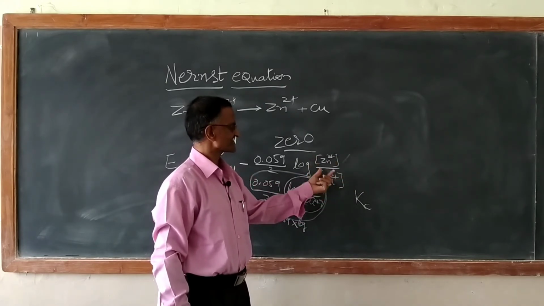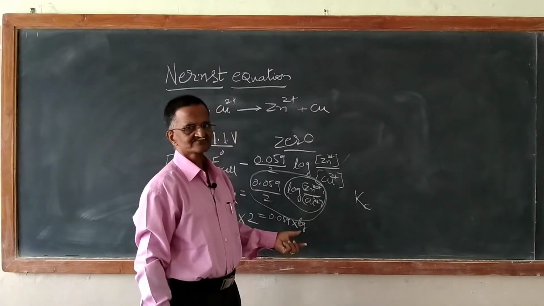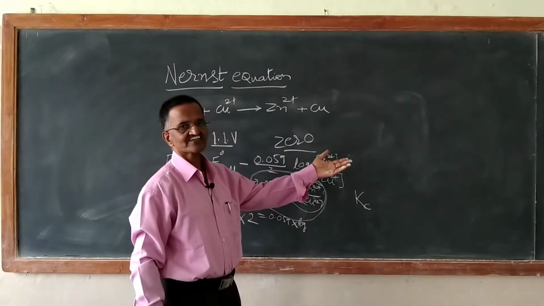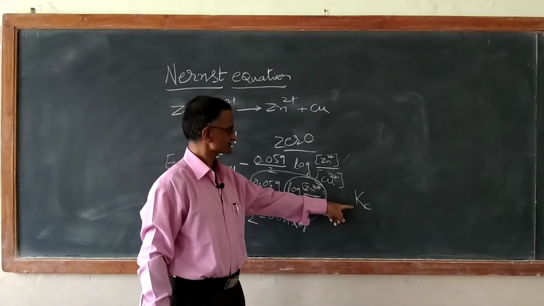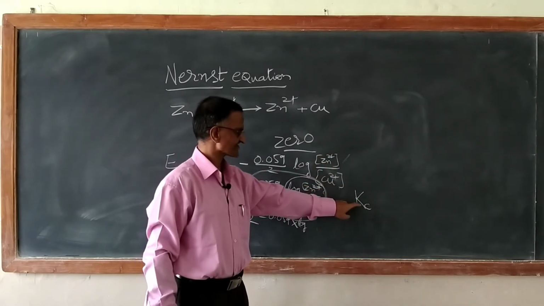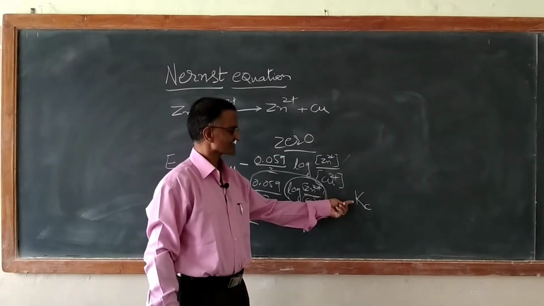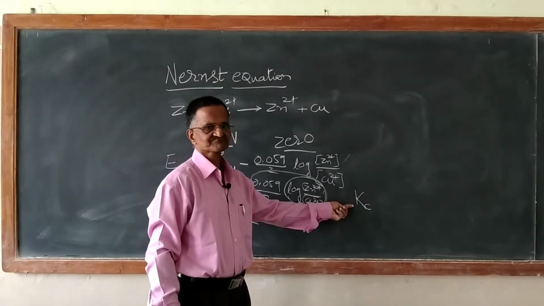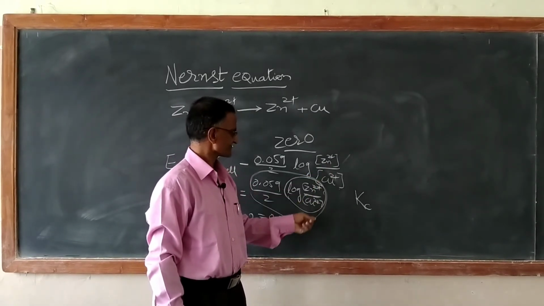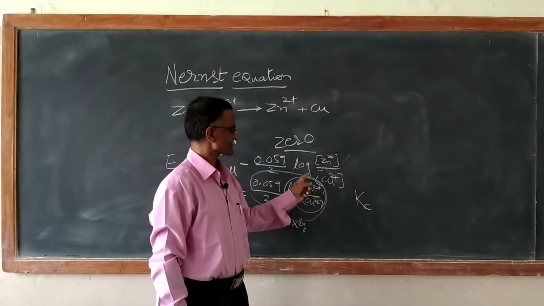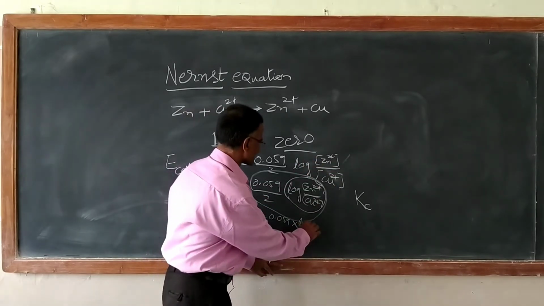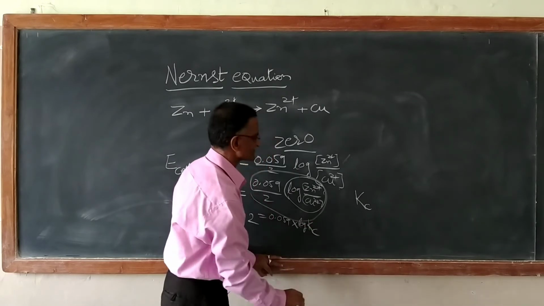What finally remains is these two concentrations, when you have that expression for the equilibrium constant. So if I simplify this, I get the equilibrium constant when concentrations are known. So instead of writing all this, I will call it log Kc for the system.